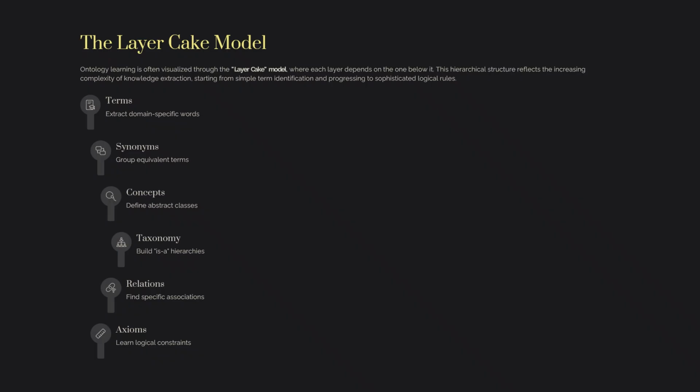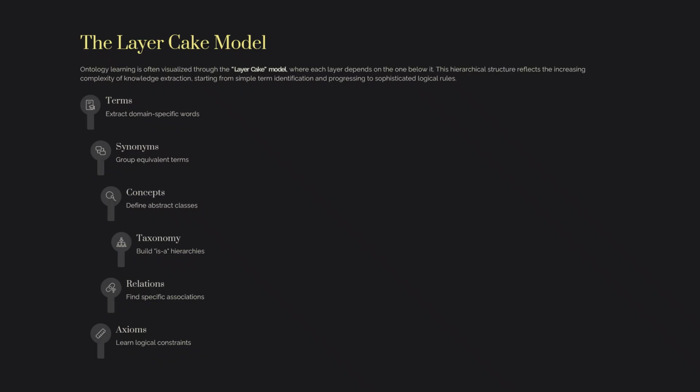The first one is term extraction, where important domain specific words are identified from the text. The second layer is synonym detection, where similar words or words that refer to the same meaning or concept are gathered together. The third layer is concept formation, which converts extracted text into structured concepts. The fourth layer is taxonomy construction, where concepts are organized into a hierarchical structure.